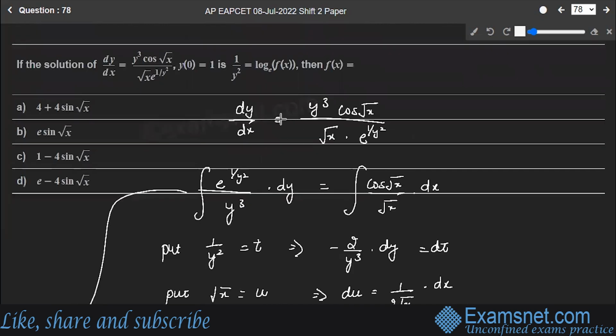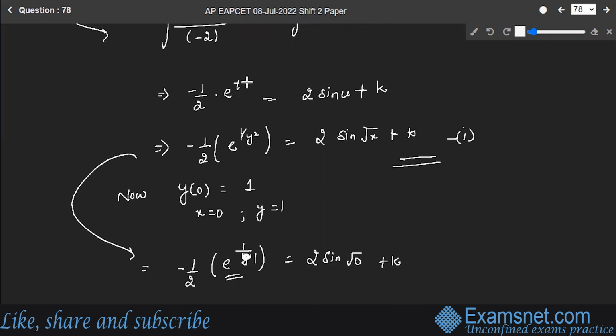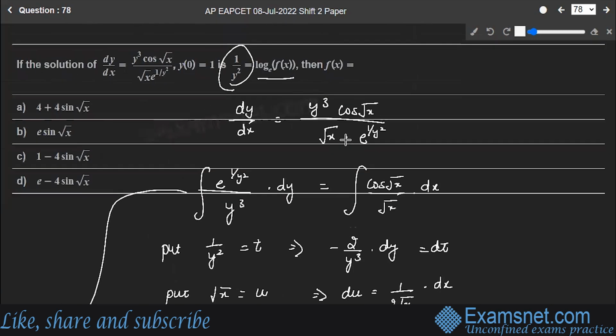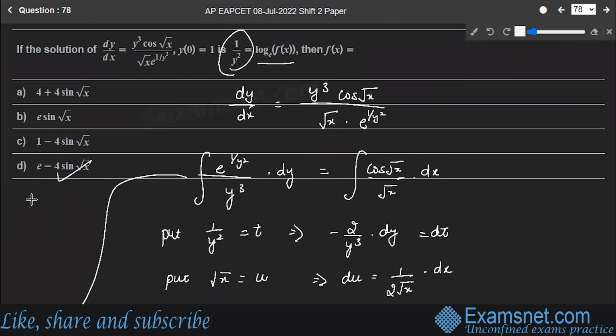Over here, you were given that log e fx is equal to 1 by y square. So this can be written as log e fx, which gives you fx is equal to this term, right? Let's check with the options what we have. Option D is the answer. Hope you're clear with this.